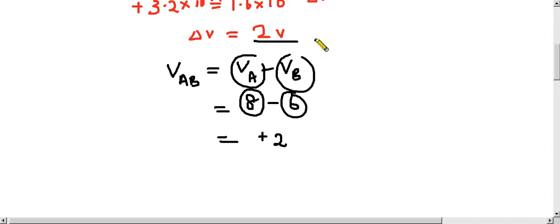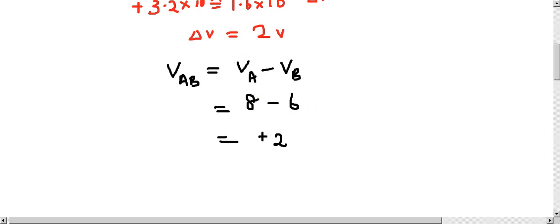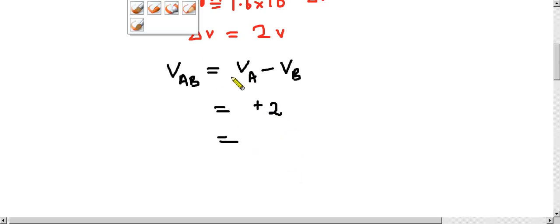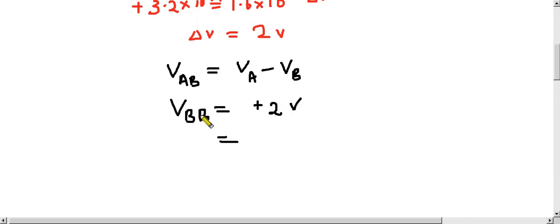So the difference should be 2. If we subtract a lower value from a higher value, we get a positive value. So we get VAB as positive 2 volt.